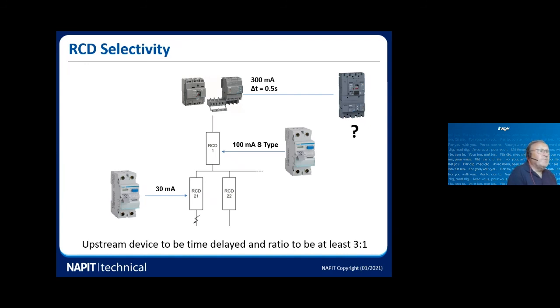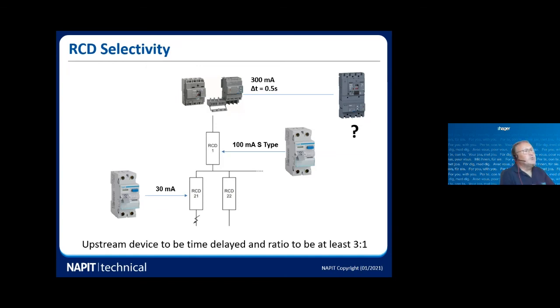Now, that's not 0.5 of a second, if you remember. 0.5 of a second is its delay time. It was then going to have an operating time after that. And then you'll have to consult the manufacturer there, of course. So the operating time of that device in the center of the screen is probably about 0.3 of a second. So it's got a delay time of 0.5 of a second, and then a total operating time of 0.3 of a second after that 0.5 of a second.